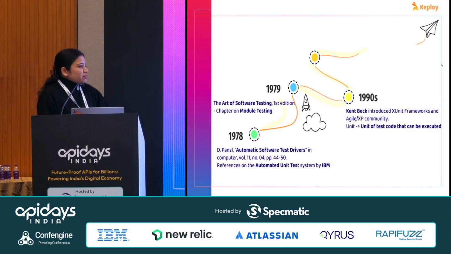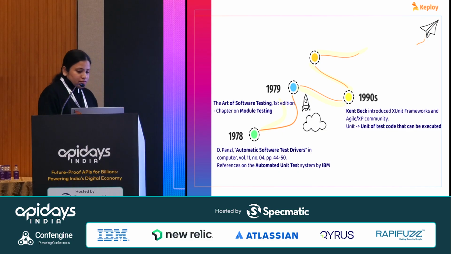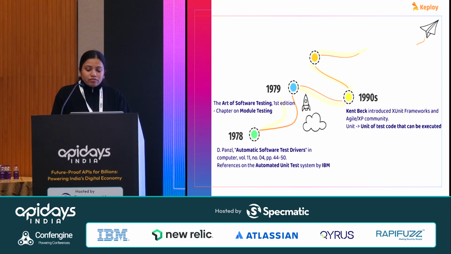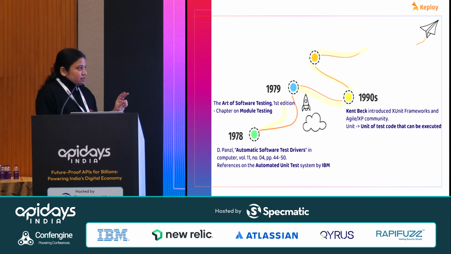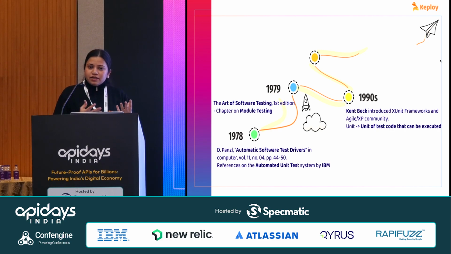And then in the early 1990s, there were a lot of mentions by the extreme programming community. Kent Beck was driving that back then. And unit testing had still not evolved into integration or API testing. There was no testing pyramid still, but people mentioned that it is modular testing.